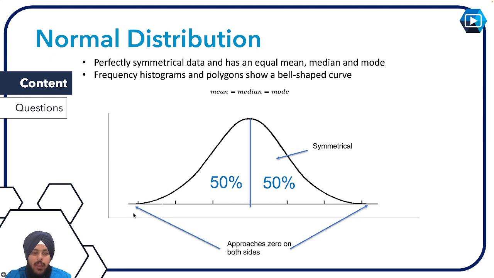It's an approximately symmetrical graph with skews at both ends, and it approaches zero on both sides. Since this graph is symmetrical and we have the median in the middle, 50% of the data values will lie on the left-hand side and 50% of them will lie on the right-hand side.